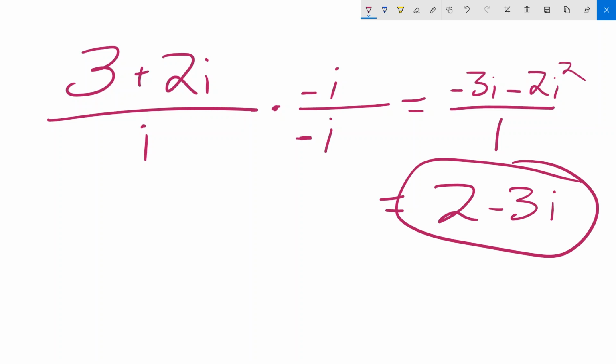So normally you multiply by the conjugate, but when it's just i and there's no real part in the denominator, you can get away with it. Notice that I could have multiplied it by just i. And the difference is that it turns into a -1 in the denominator and pluses in the numerator. You still end up getting the same answer.